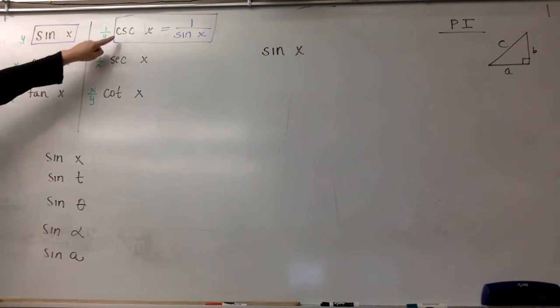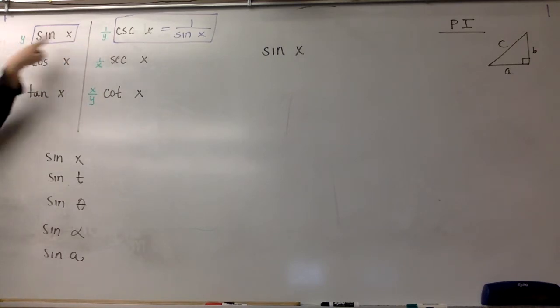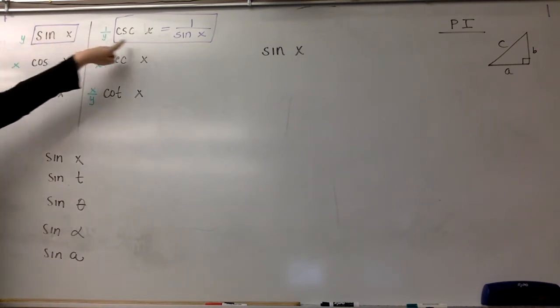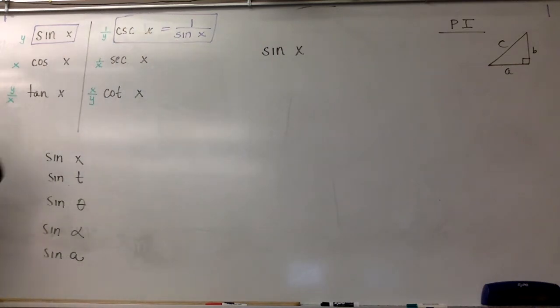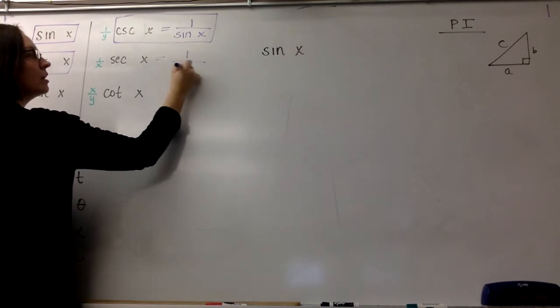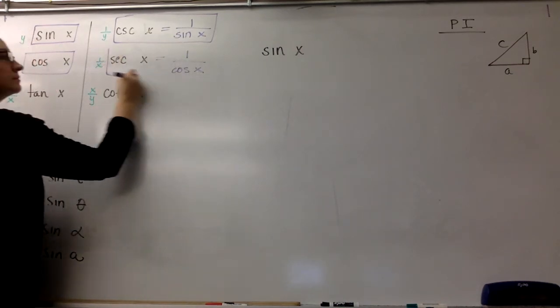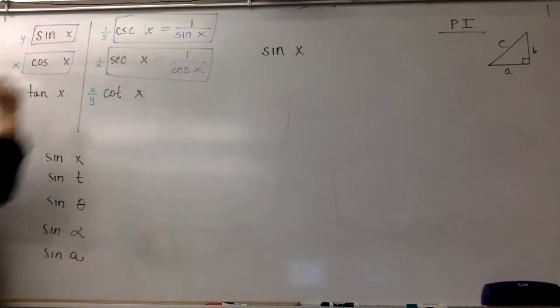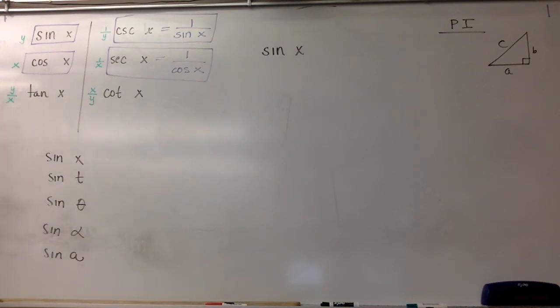And it makes sense because if sine is y, cosecant is 1 over y, then the substitution holds that 1 over sine is the same thing as cosecant. Cosine of x stays as is. Secant of x is going to be 1 over cosine x. Tangent of x.